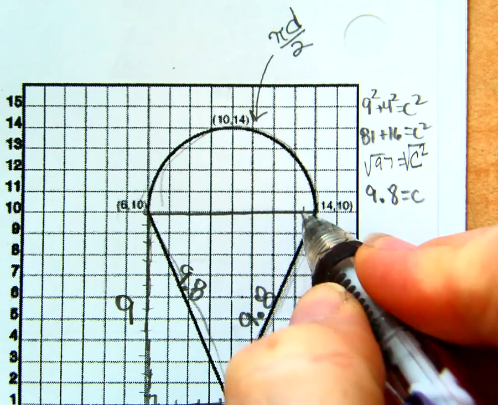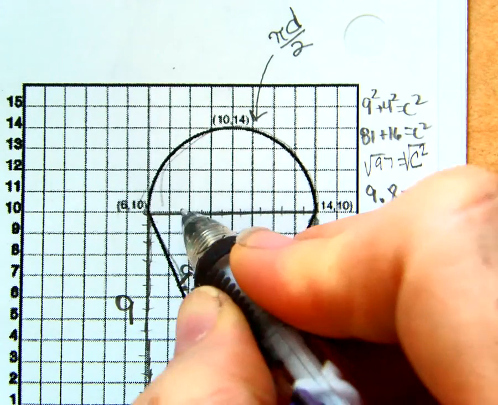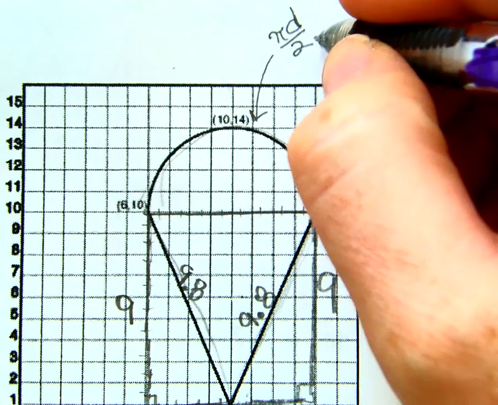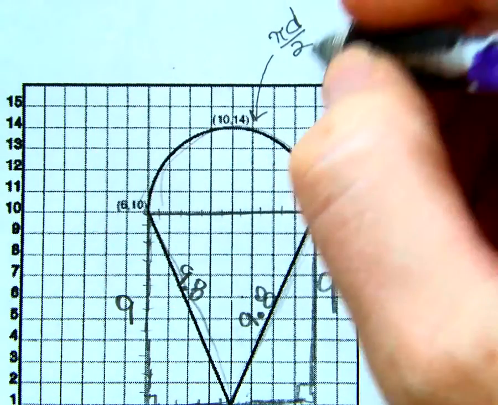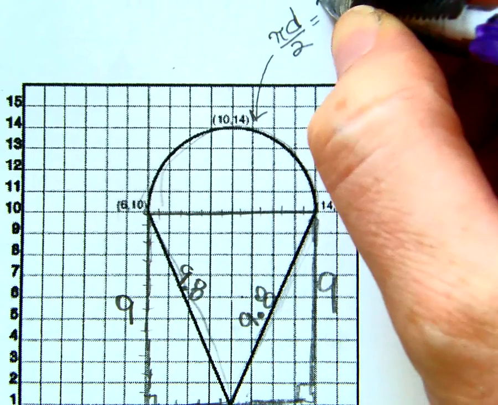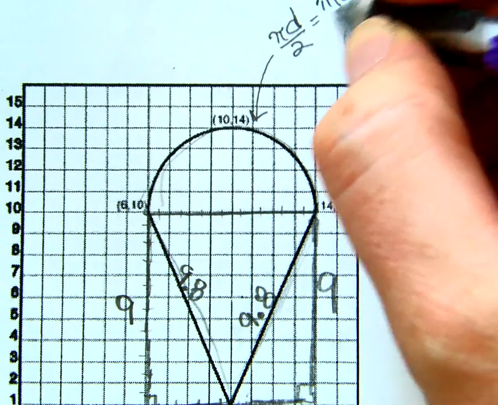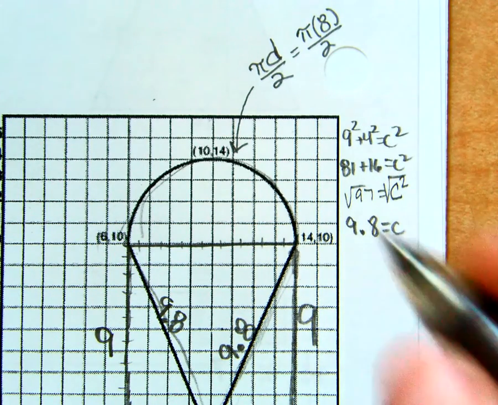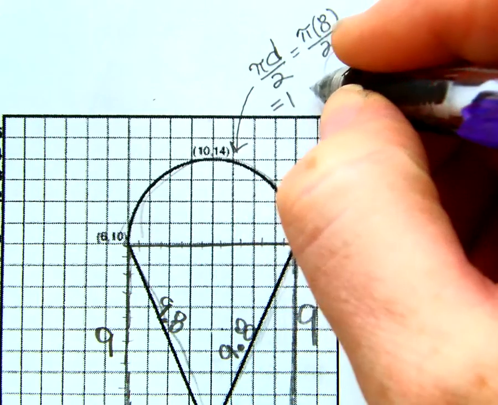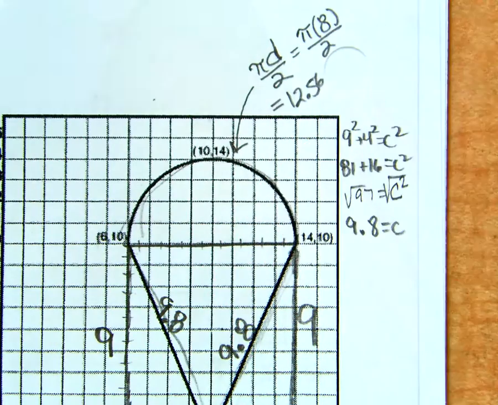So the diameter is 1, 2, 3, 4, 5, 6, 7, 8 units long. So in order to get this answer, I'm going to take pi, multiply times 8, and then divide by 2 to make it half a circle. So 3.14 times 8, and then divide by 2, and I'm going to get 12.56.